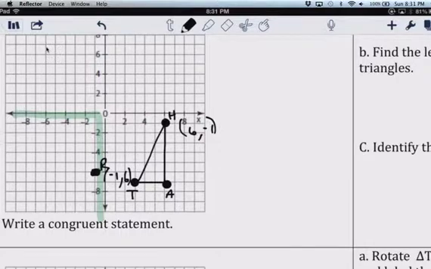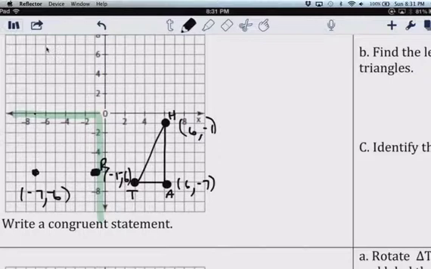And then A is 6, negative 7. So here it's negative 7, 6. So that's negative 7, 6, a negative 6 actually. That's a negative 6 also.